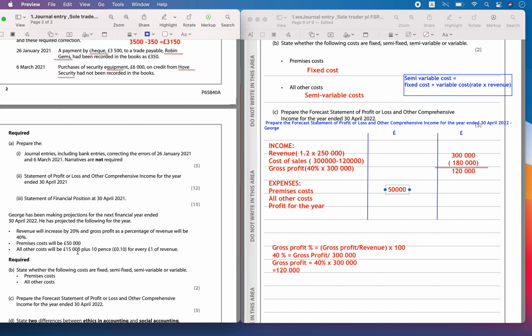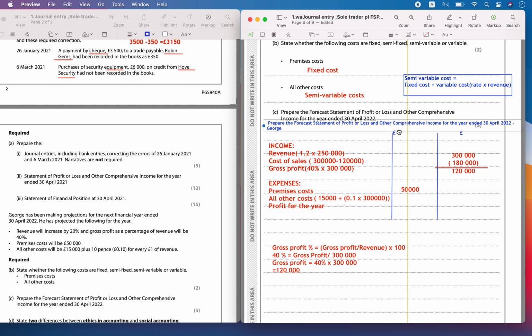The expenses are 50,000, and then for all other costs it is 15,000 plus 0.1 times the revenue, which is 300,000.